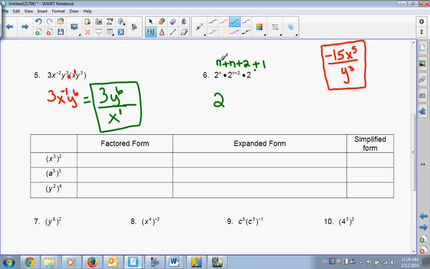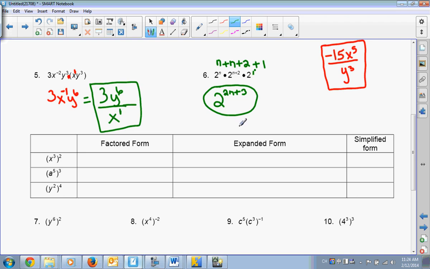So how many n's do we have? 2n plus 3. And it's all in your exponent. And that's it. We don't simplify that. You see what I did? I just added exponents. This is an n, this is an n plus 2, this is a 1. So these are the exponents. I'm adding them together because my rule says common bases add exponents. 2n plus 3.